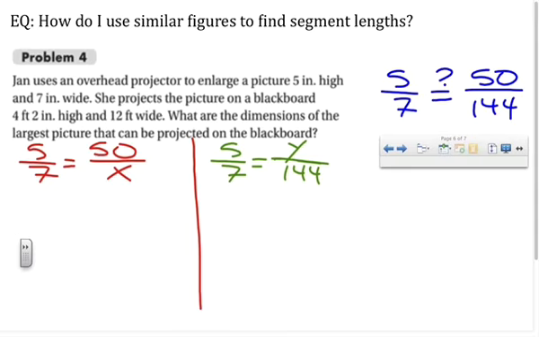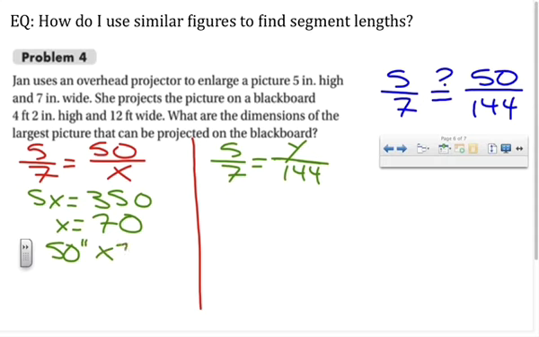All right, so let's figure them out. 5x equals 350, so x is 70. That means that the dimensions of this enlargement would be 50 inches by 70 inches. Does this fit on my blackboard? Yes or no?